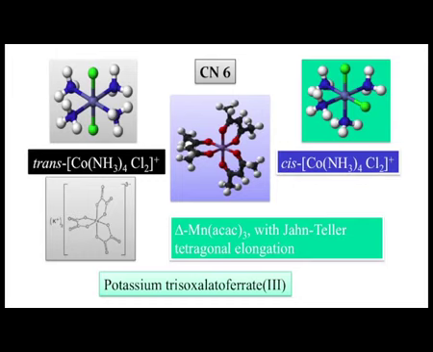So, if the first oxygen atom of the bidentate ligand is in the plane of the board, the second one will go behind. Similarly, if this is in the plane of the board, then this one will come forward, that means it is above the plane of the paper, and in this case one is below the plane of the paper and the other will be above the plane of the paper.